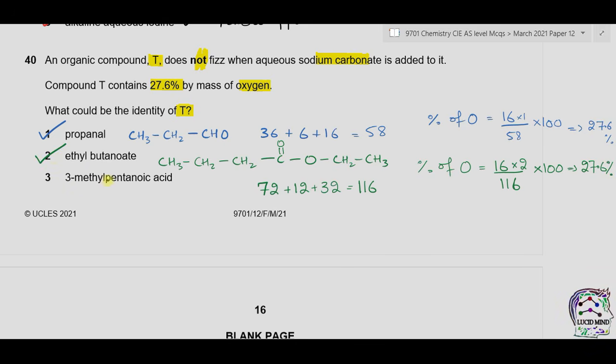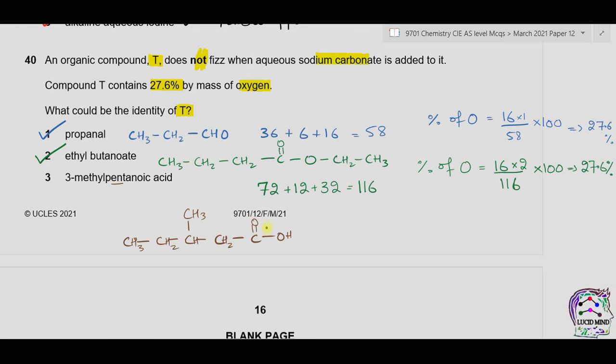Third one is 3-methyl pentanoic acid. This is carboxylic acid. We have 5 carbon atoms. On third carbon atom we have methyl group attached. Rest are the hydrogen atoms.